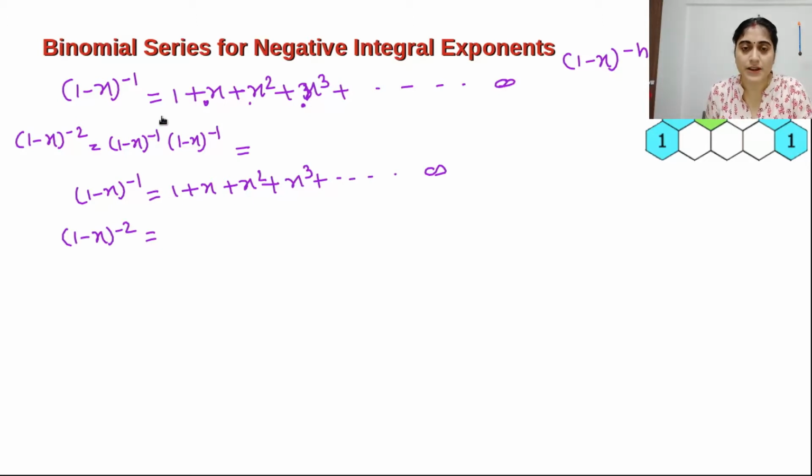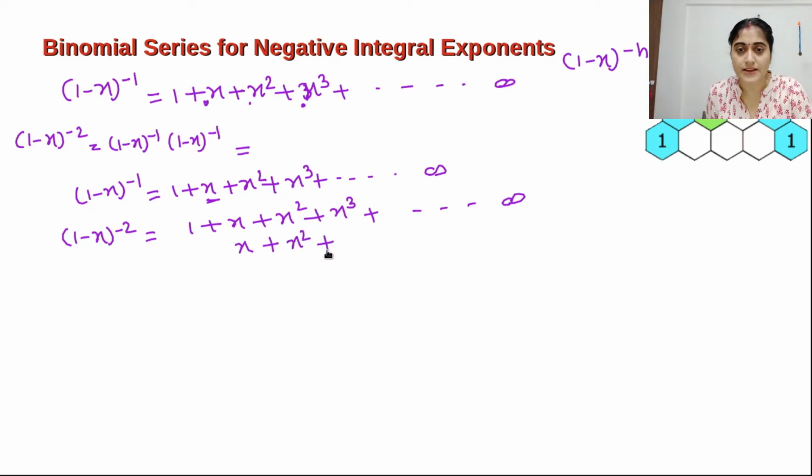If I multiply 1 with this, the same thing will come: 1 plus x plus x square plus x cube, like that up to infinity. Now if I multiply x with this series, it will come x plus x square, and similarly x cube up to infinity, and it keeps on adding like this.